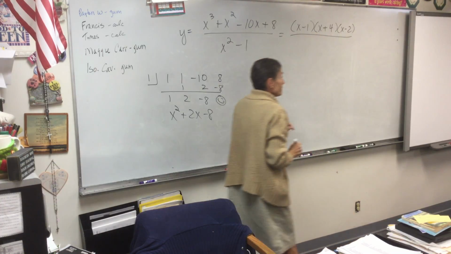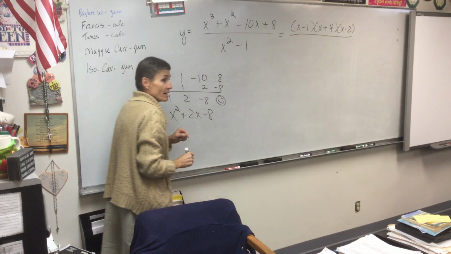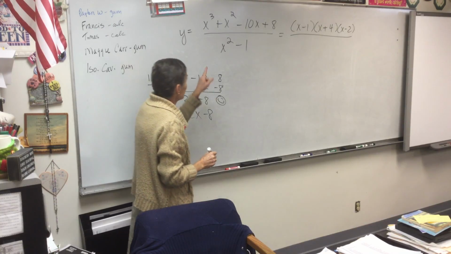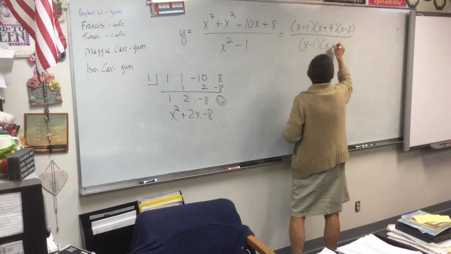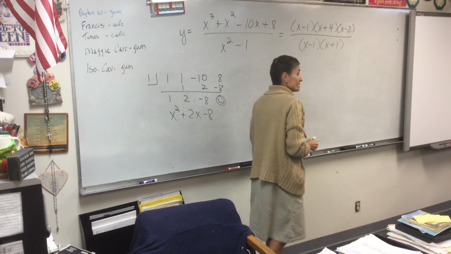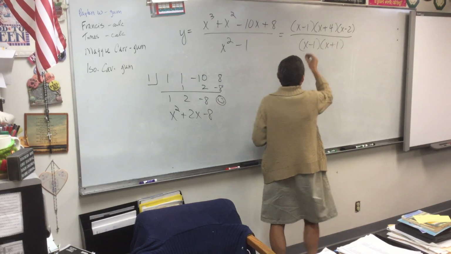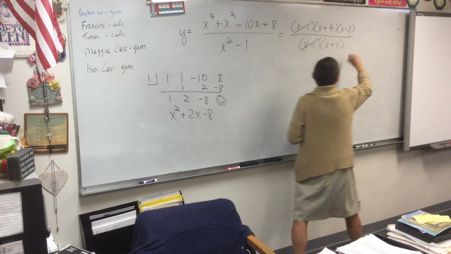And then my denominator is the difference of squares. Now we have some canceling.